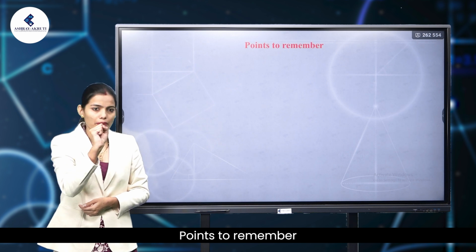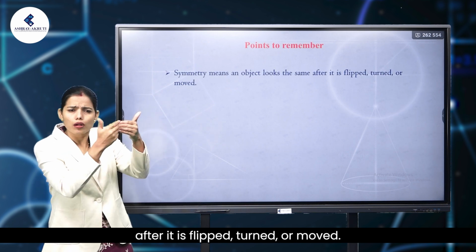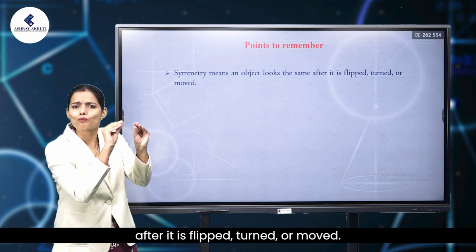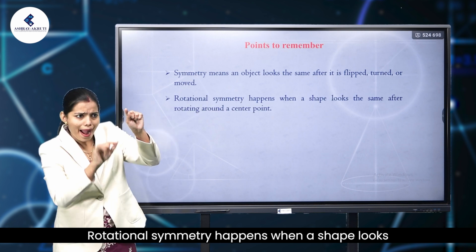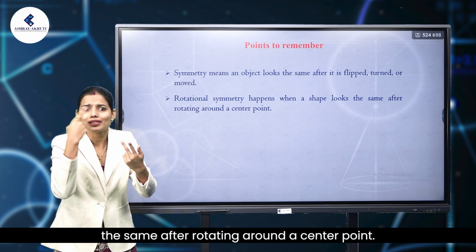Points to remember. Symmetry means an object looks the same after it is flipped, turned, or moved. Rotational symmetry happens when a shape looks the same after rotating around a center point.